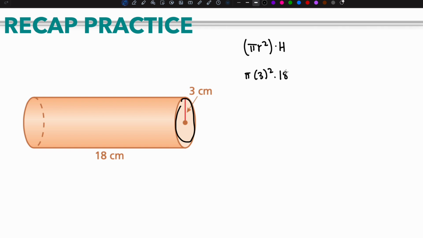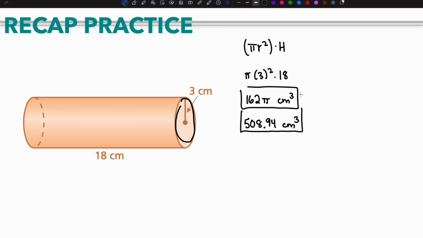So you can either have 162 pi, and the units are centimeters cubed, or if you want to find out what that is as a decimal, it is going to be 508.94, depending on where you round. So again, this is what's called exact, and this is what is called rounded to the nearest whatever it might be.